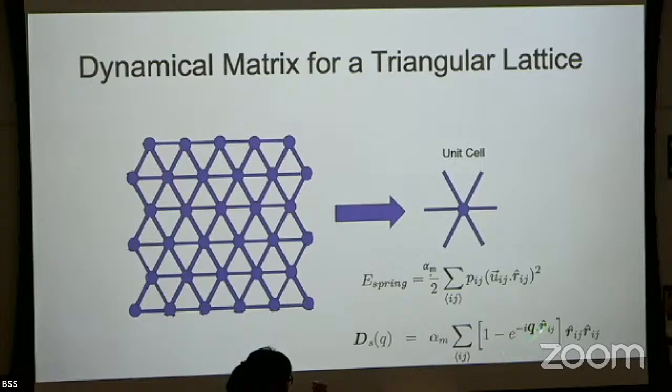This is not the unit vector, I think this has to have length scale, so this will just be the lattice constant. Pij is whether a bond is there or not. So it's 1 if a bond is there, and 0 if a bond is not there.